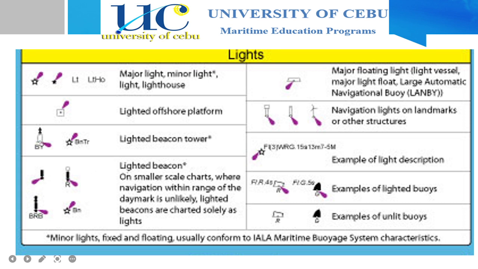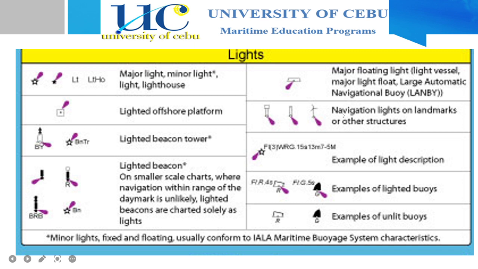And lighted beacons on smaller scale charts, where navigation within range of the day mark is unlikely, are charted simply as lights. In the rectangle with the symbol: major floating lights, light vessel, major light float, large automatic navigation buoy, or the abbreviation LANBY.